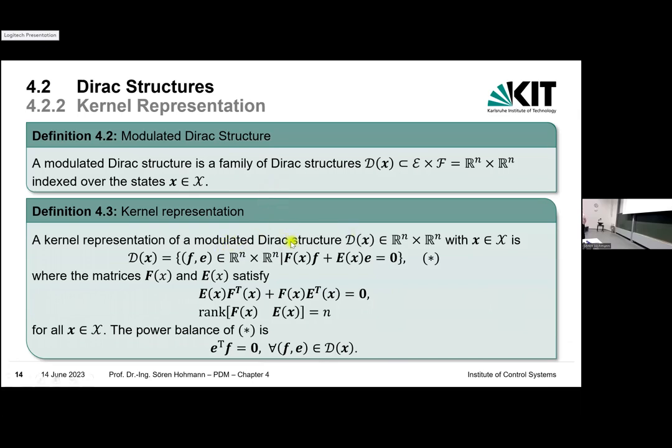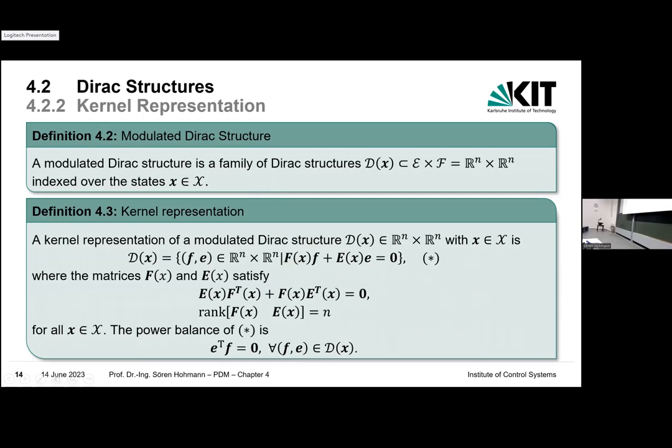Suppose we have a Dirac structure, it has the property that first we have this connecting property, that we have elements which combine with the flows sum to zero, and the effort variables summed up give zero. Here you find a combination of Kirchhoff's voltage and current laws, just as a sum.